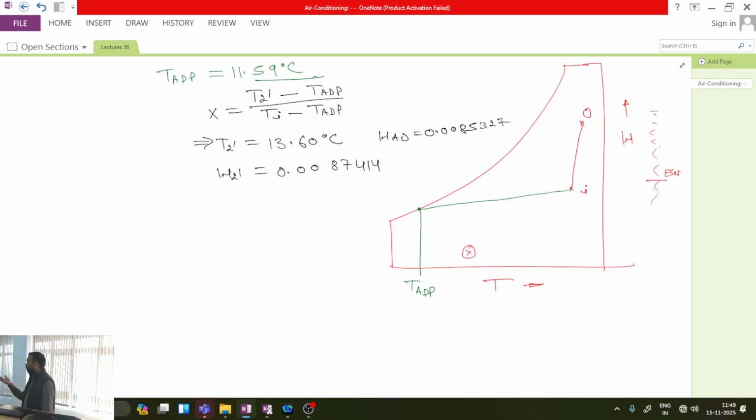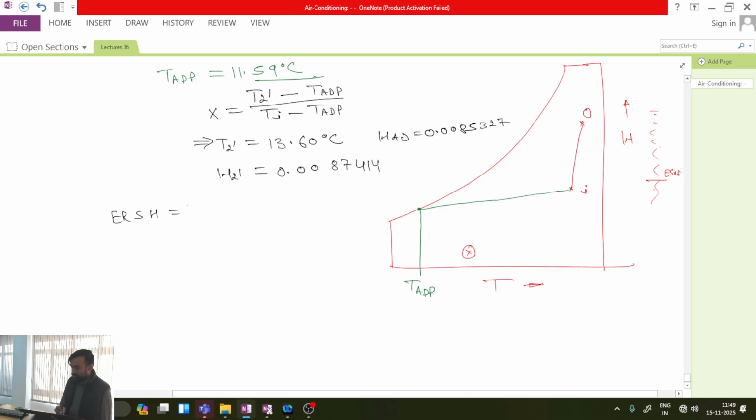See, I know how much is effective room sensible heat. ERSH must be equal to 0.0204 into, tell me the values, TI room condition fixed and supply state is what?